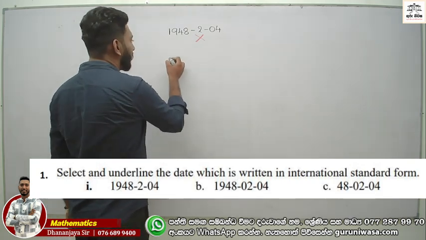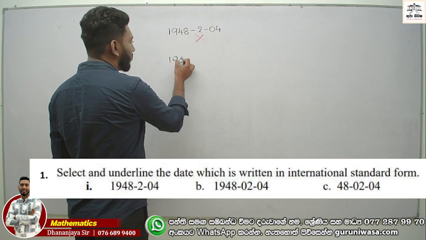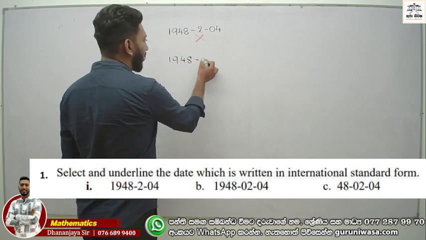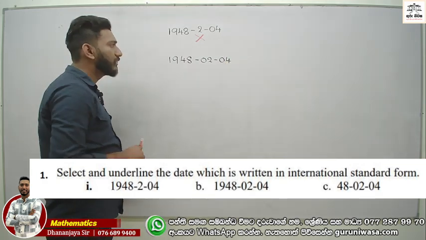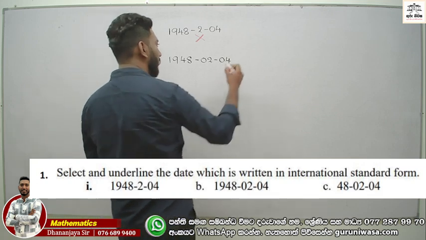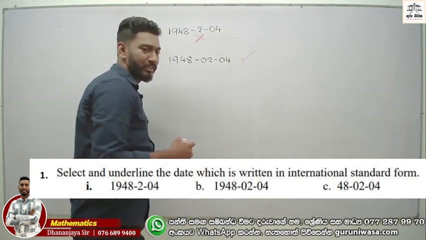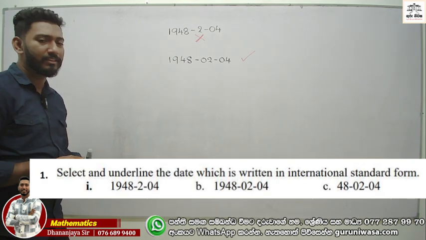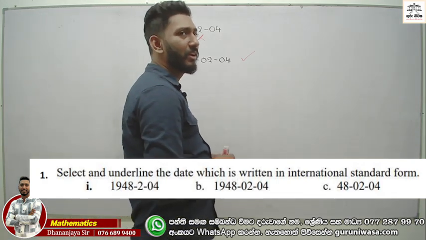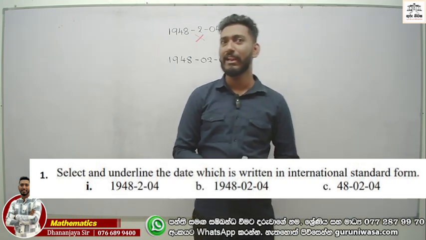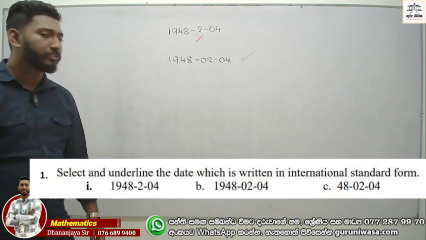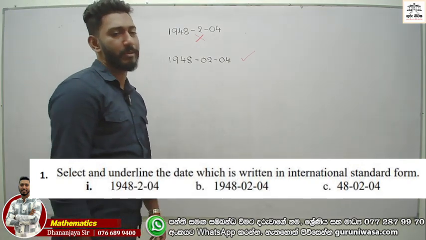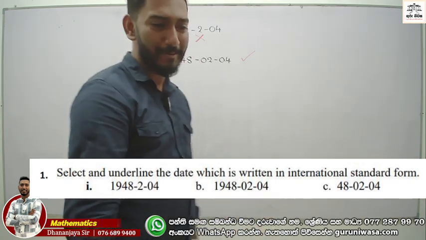Now look at the second one, 1948, 02 and 04. Now listen, this is a correct one. What is the mistake of the other one? There are only 48. Therefore, the answer is B. Answer is B. B තමයි answer එකට එන්න ඕන.